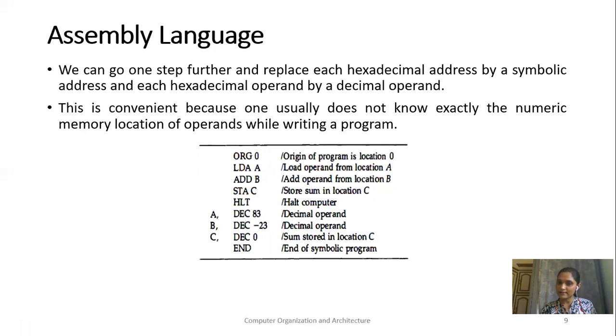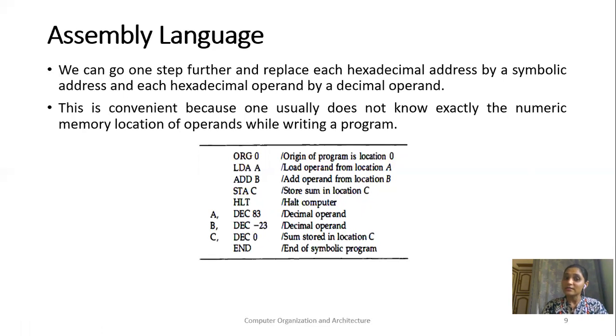Instead of a hexadecimal or binary number, I have used another instruction, that is DEC 83. This instruction will store this decimal number 83, but it tells the assembler that you have to store the decimal number 83. So it will directly translate this decimal number 83 into binary and then store it.